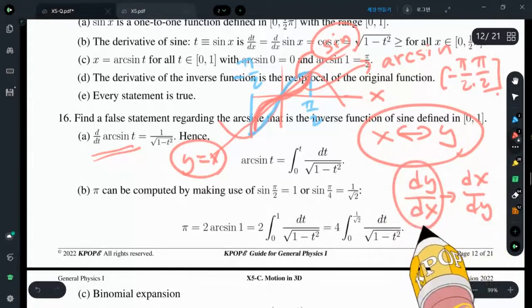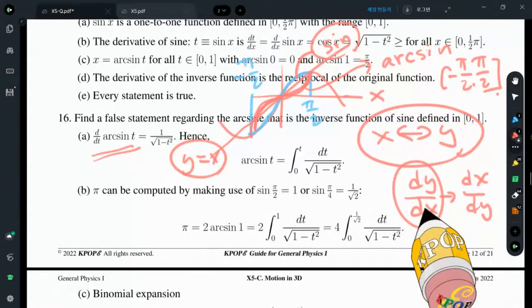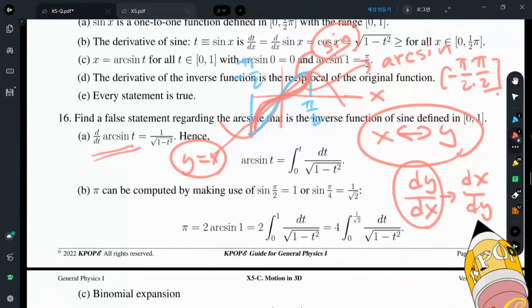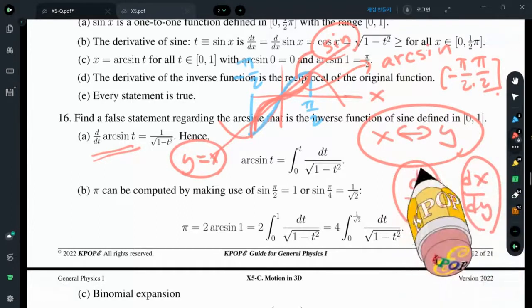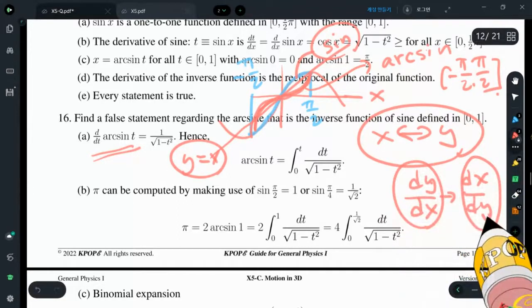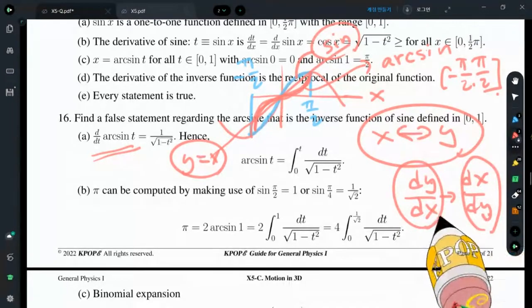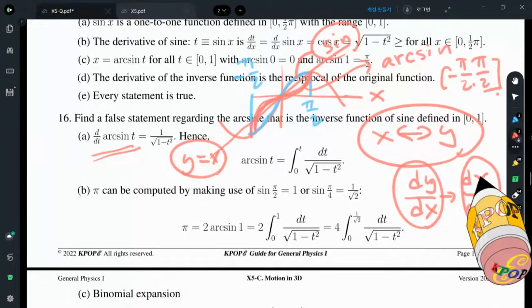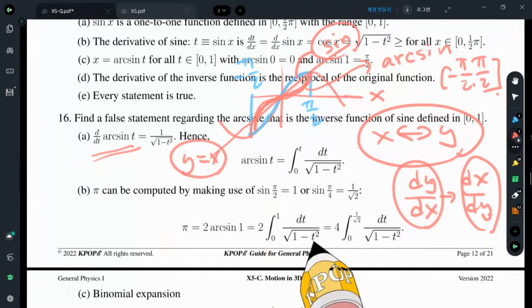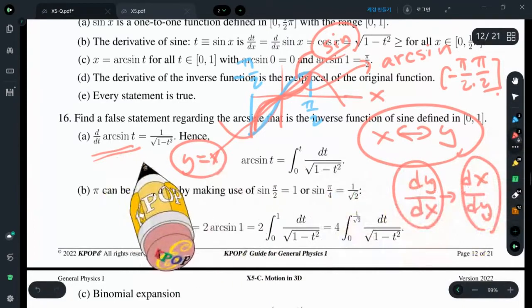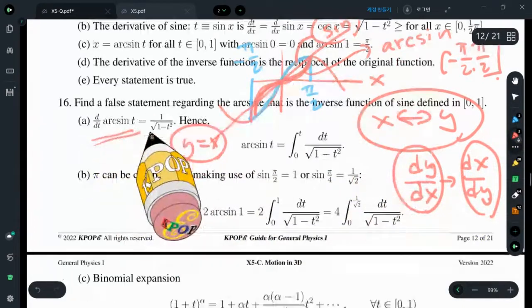So if you find the derivative of a function, then the derivative of the inverse function is just to flip the numerator to the denominator and the denominator to the numerator. They're very simple, and you must have learned this in high school. So using that formula, you will find it is easy to compute the arc sine.